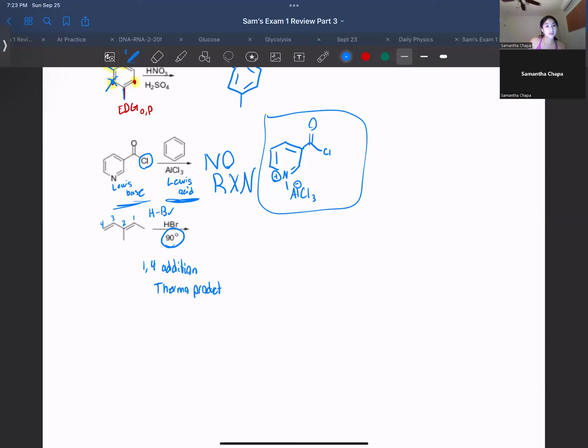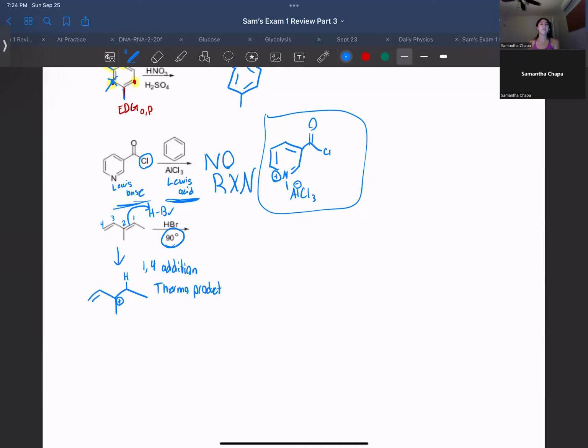So we're following Markovnikov's, and we usually want to put the hydrogen in the place that is going to give us our most stable carbocation. So that'll be on this carbon right here. So adding this hydrogen on this carbon is going to give us a tri-substituted carbocation, which is one of the most stable carbocations.